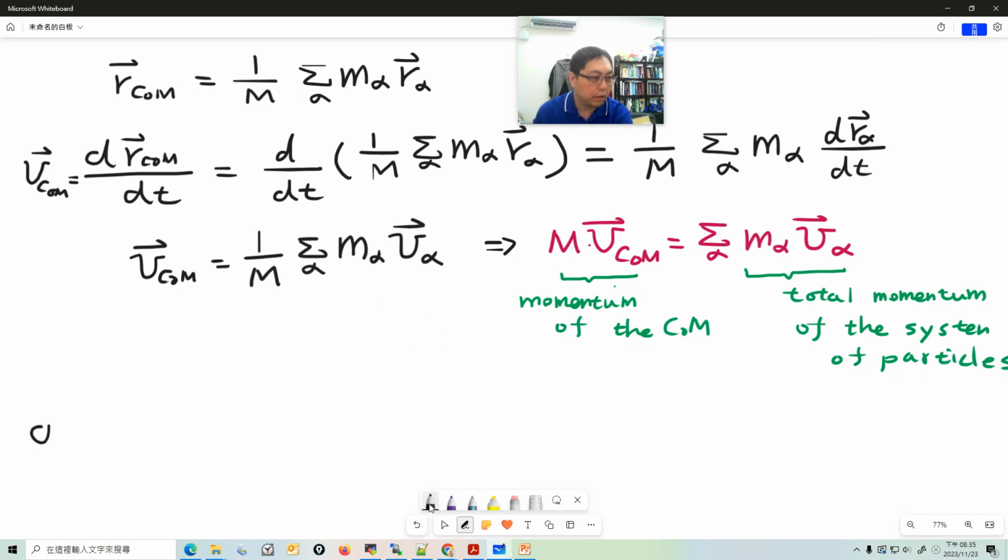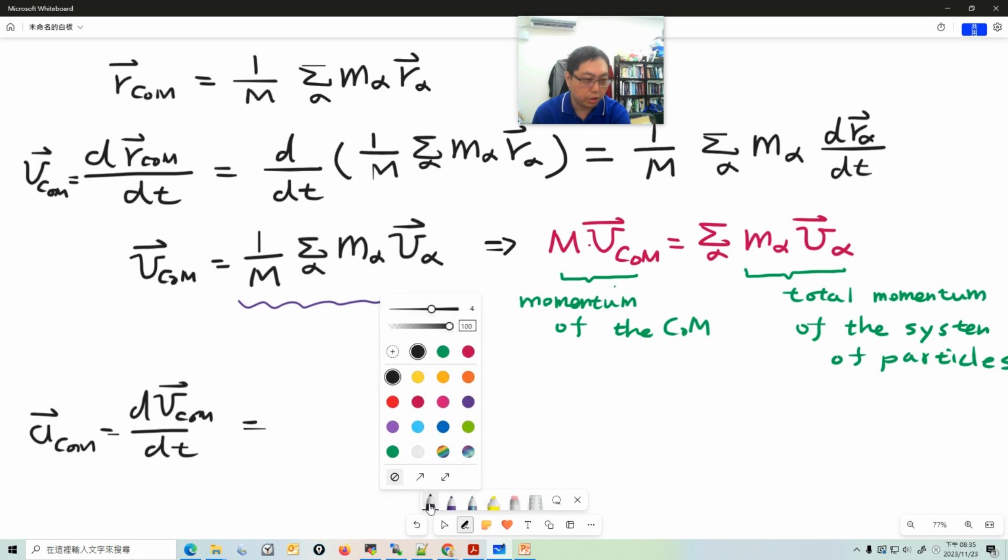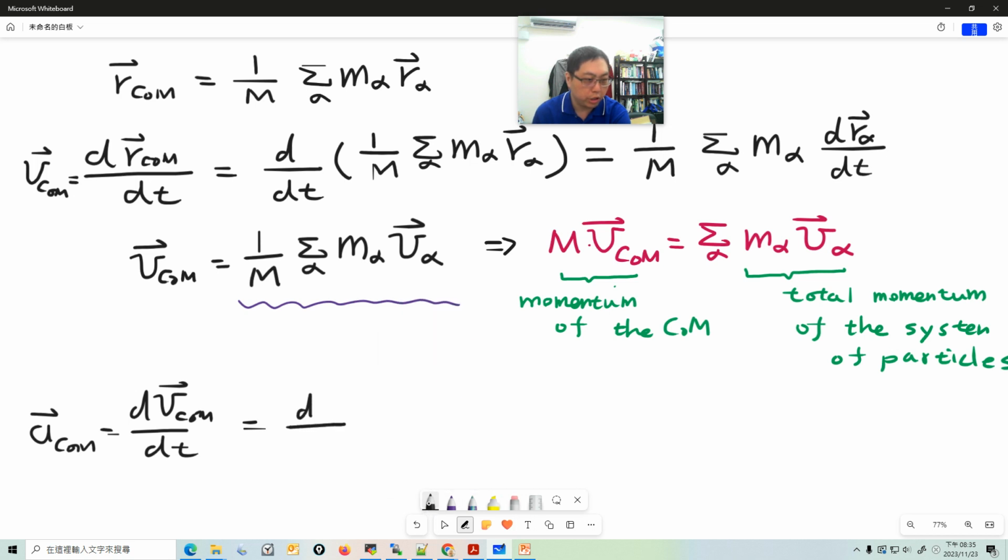Okay, A_COM is the derivative of the velocity vector of the center of mass with respect to time. And the velocity of the center of mass we already obtained here. So it is equal to d/dt of 1 over capital M times the summation over alpha of m_alpha v_alpha.